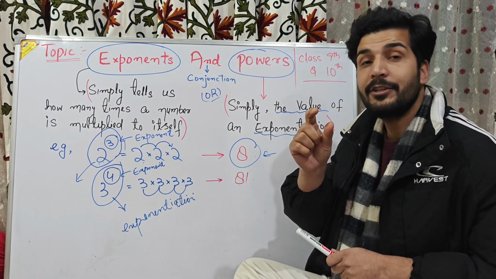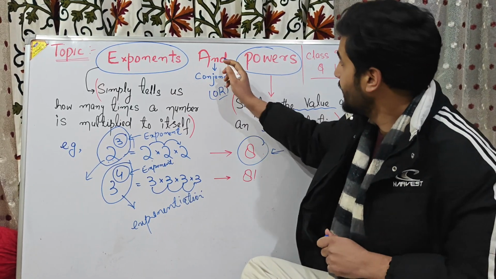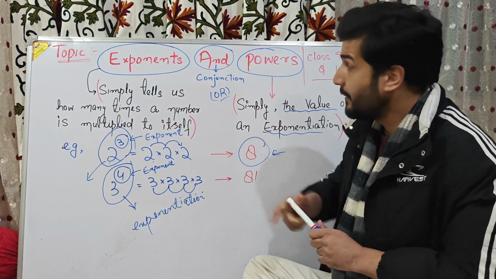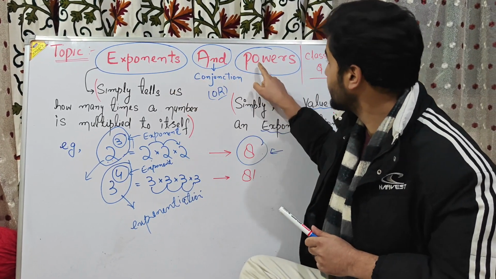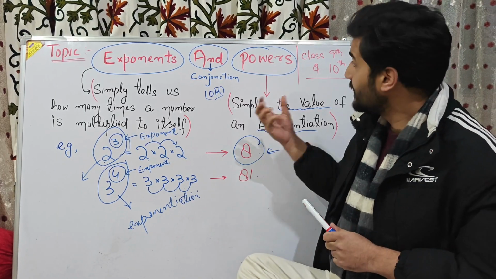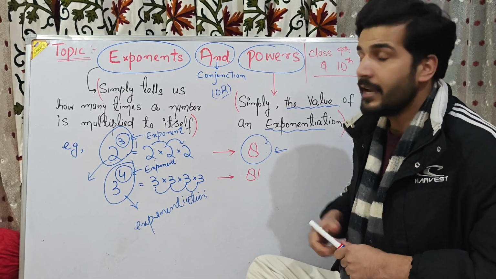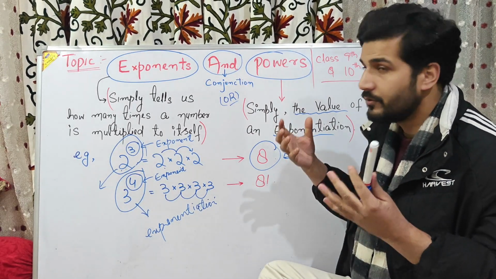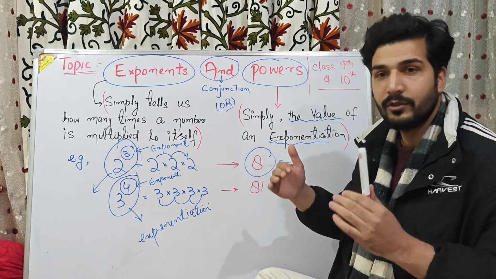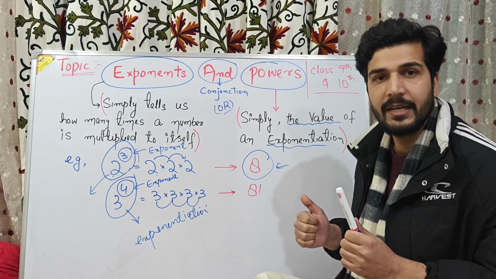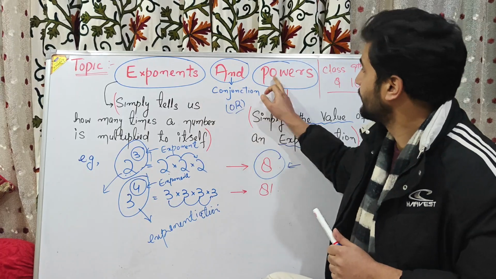As far as English grammar is concerned, here we have 'and' that separates these two words. What is the first word? Exponent, and the second word is power. But this 'and' is a conjunction, and we use this conjunction between two words to connect them in English. This 'and' is used whenever two words are different.